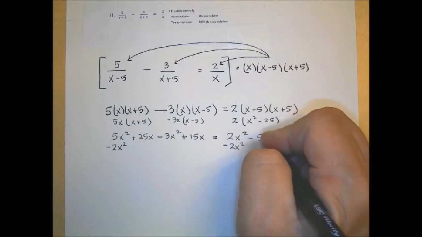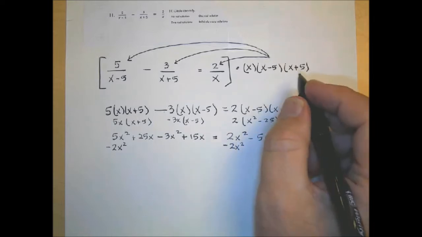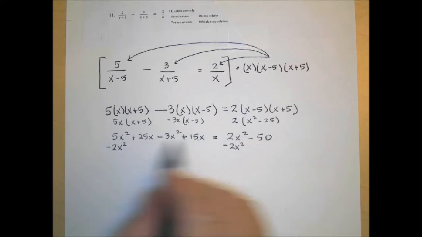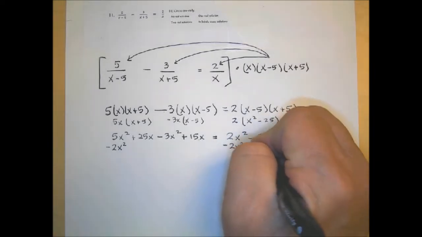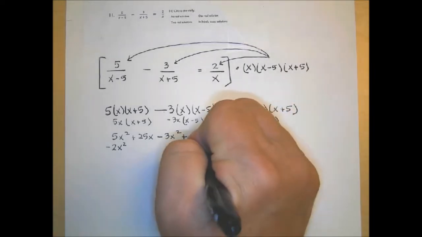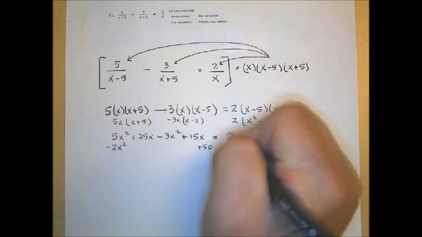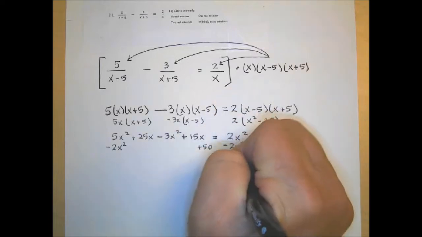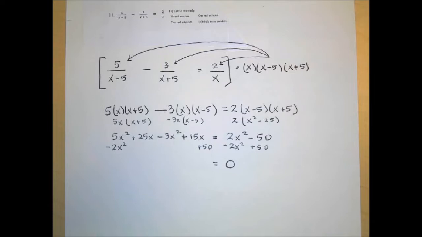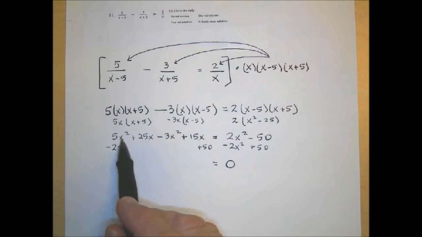This plus 50, I don't have any other constants over here, so I'm just going to have to add a plus 50. Now, what that's done is it's totally cleared out my right-hand side. My right-hand side is now 0. But let's combine like terms.